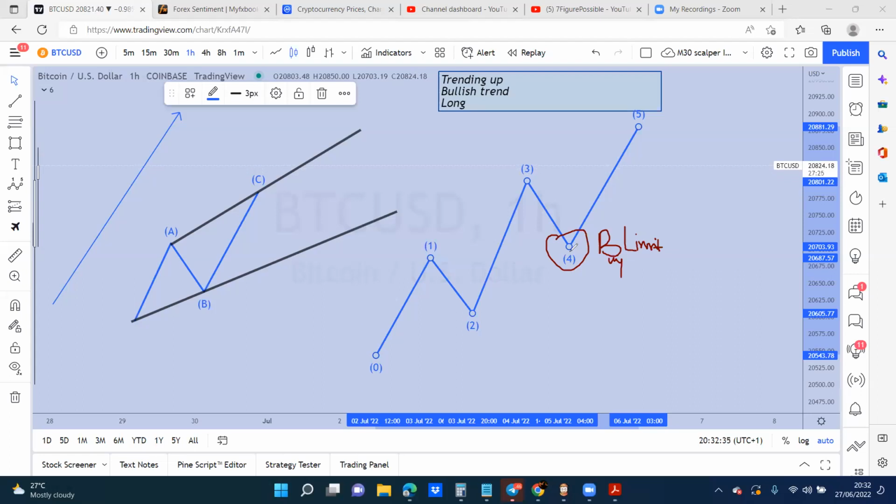Alternatively, you could say, for this to remain an uptrend, it needs to create a higher high. Remember, for an uptrend to remain true, you must have a low, a high, a higher low, and a higher high. So far, you've gotten a low, a high, a higher low, a higher high.